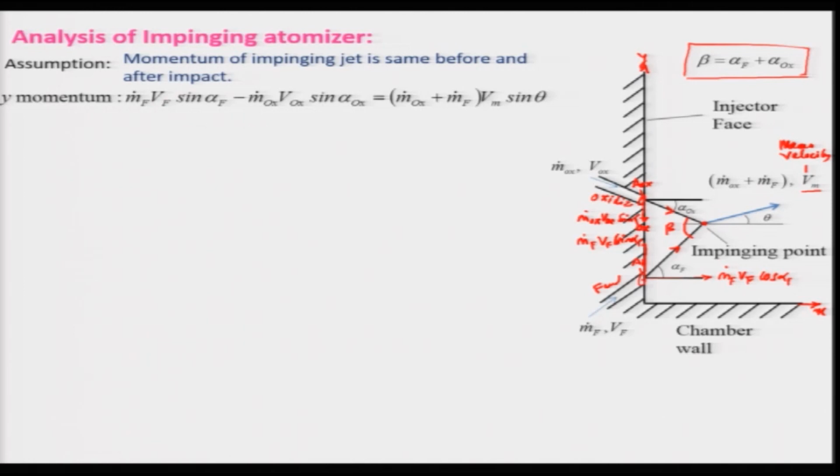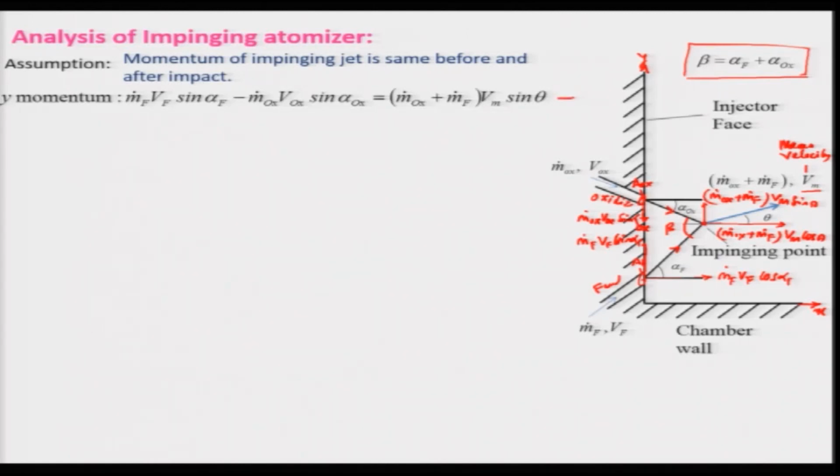This net momentum will be conserved in the y direction, and is equal to the momentum after impingement, that is, the total mass flow rate of oxidizer and fuel times V m sin theta, which is m dot oxidizer plus m dot fuel times V m sin theta.